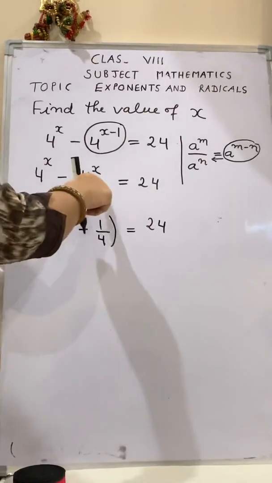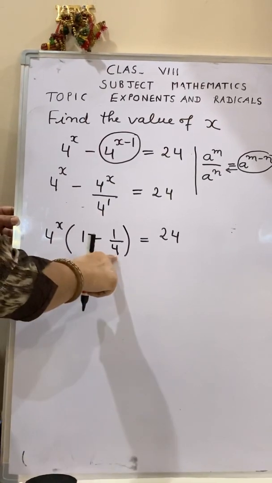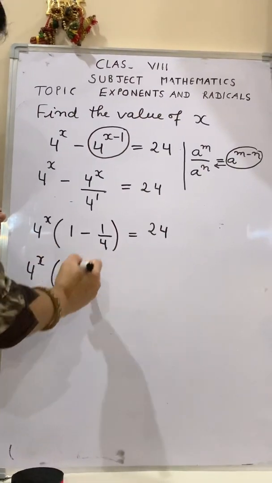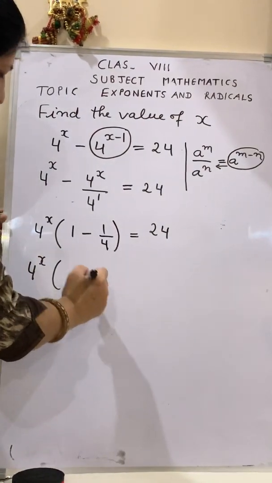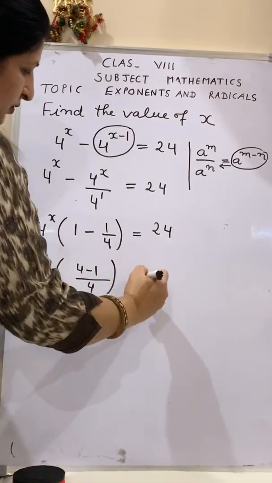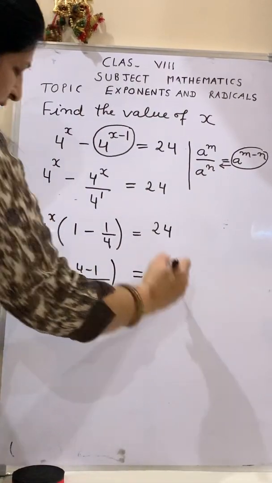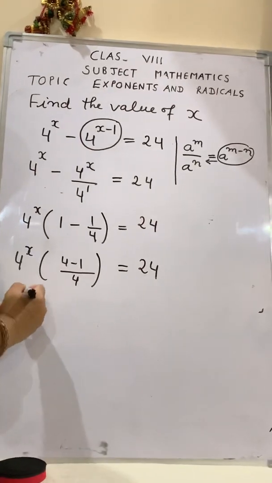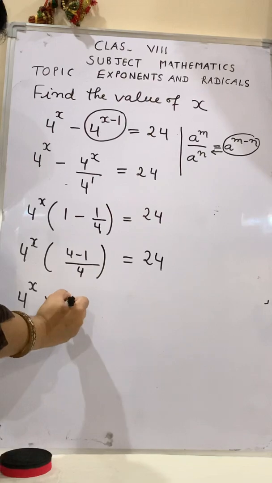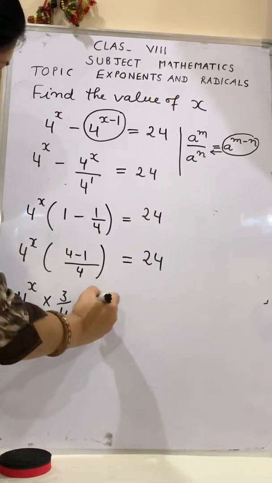Minus, when we divide this term by this, we find 1 by 4. Now solve it by taking LCM. 4 1s are 4 minus 1 is equal to 24. 4 raised to power x multiplied by 4 minus 1 is 3. 3 by 4 is 24.